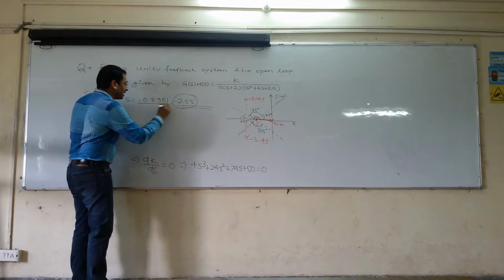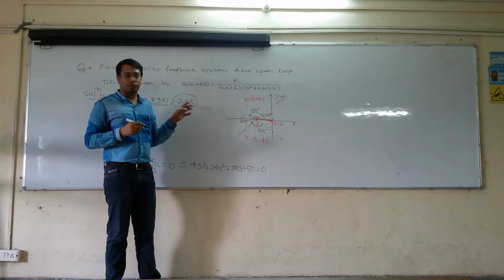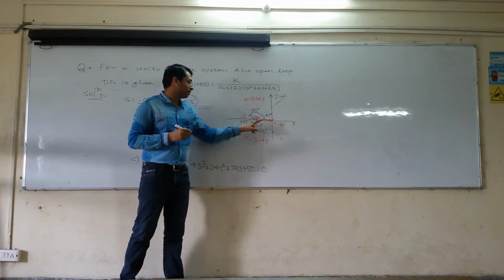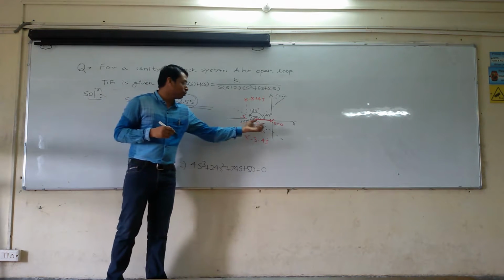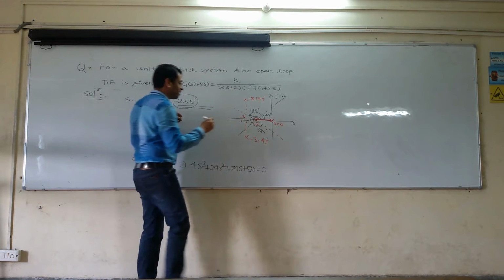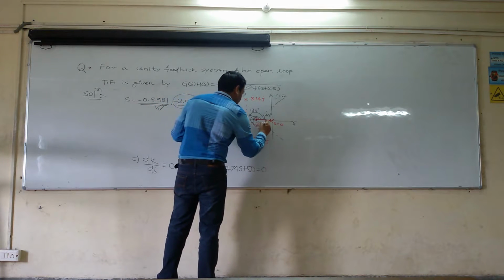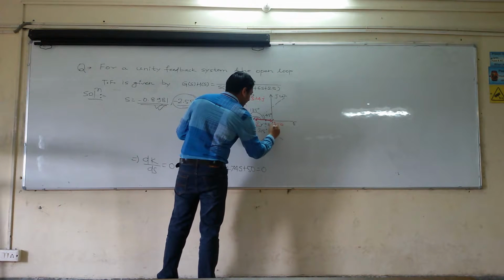The only valid breakaway point for the direct root locus which you are trying to plot is the value that lies between minus 2 and 0. So you can locate this breakaway point here, minus 0.8981.